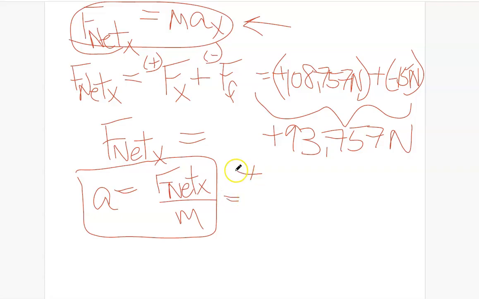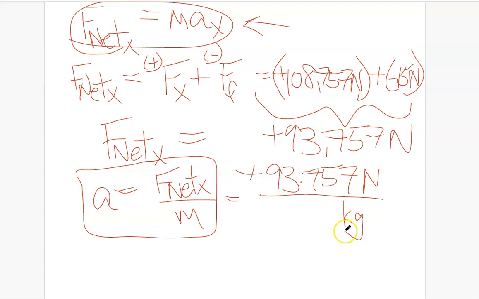Now we just plug these numbers in, positive 93.757 newtons divided by our mass. Remember, mass is always in kilograms, so we're looking for our kilogram value. That's 100 kilograms. We divide this out, and you don't even need a calculator for it, but use a calculator if you're not sure about it.